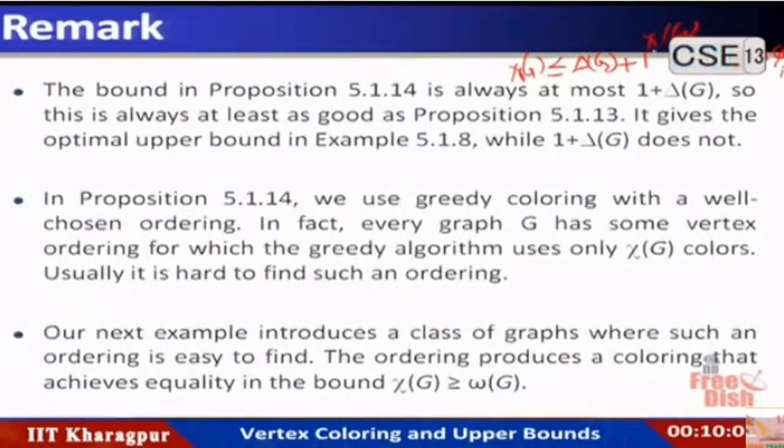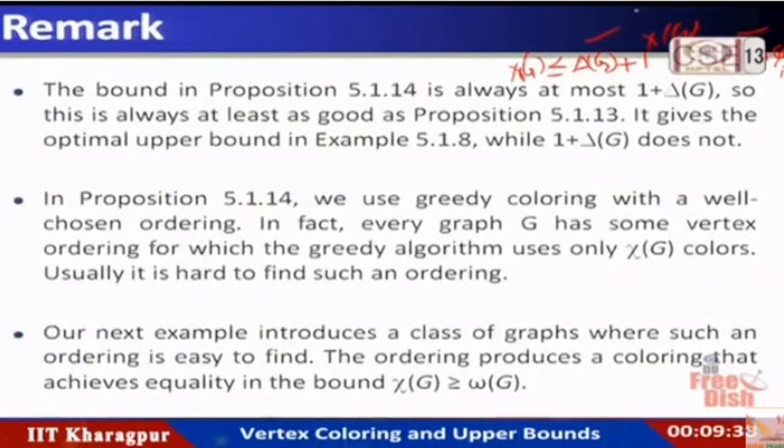So the bound is always at most 1 plus the maximum degree of a graph. So this is always at least as good as the earlier proposition which we have seen.